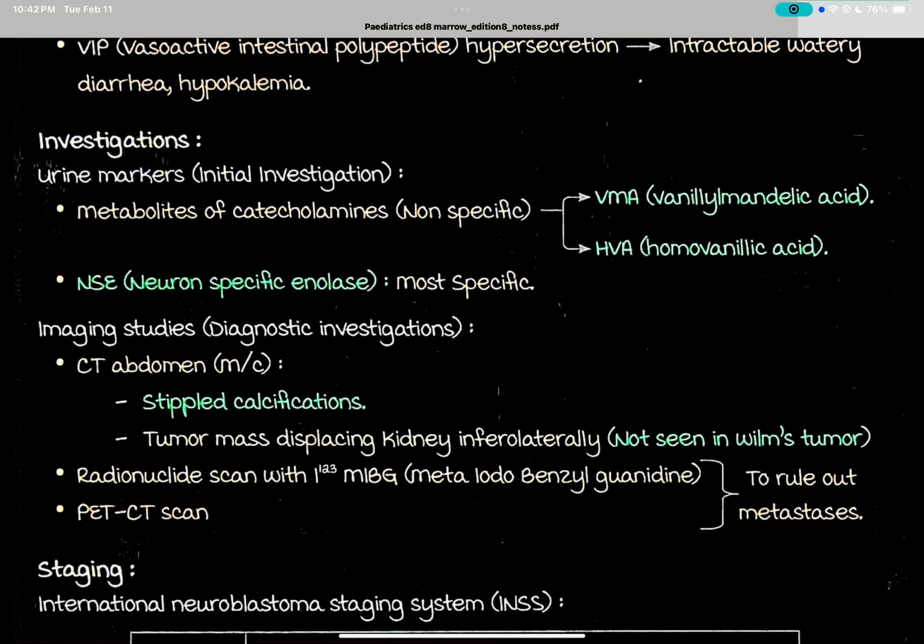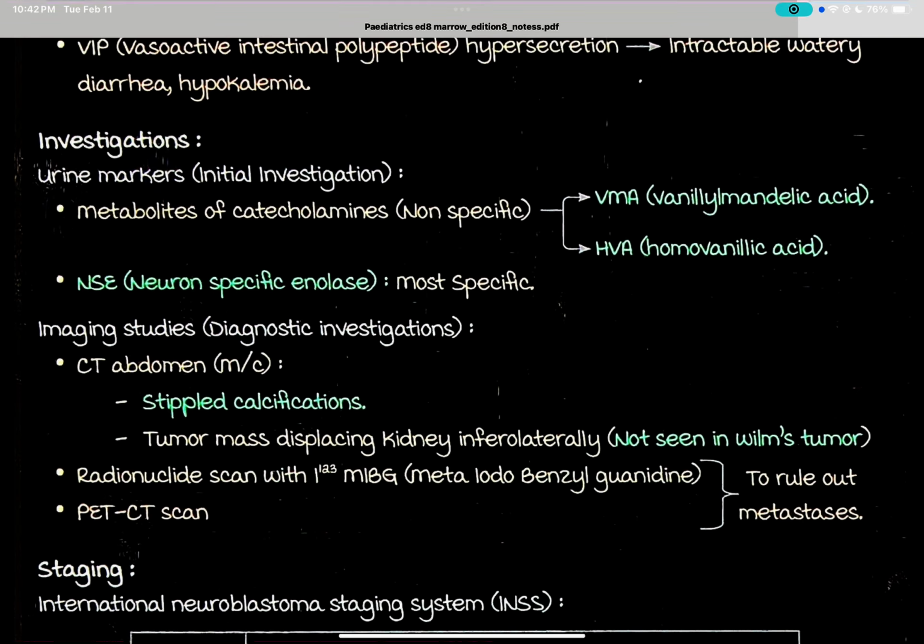These are the two metabolites detected in the urine of neuroblastoma patients. One thing about MCQs is that you don't have to remember anything, you just have to recognize them from the options, so it's easier. NSE, neuron specific enolase, is most specific.